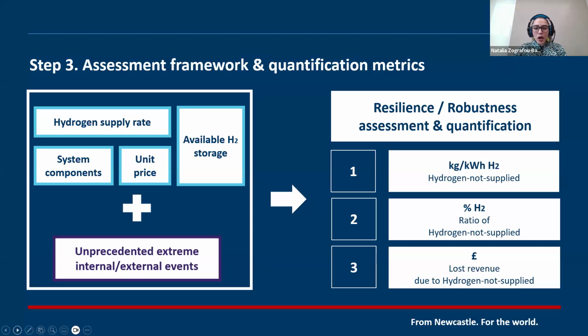And the third one was, what is your monetary or financial losses that go along with these? So what is your lost revenue because of the hydrogen that the system was not able to supply?